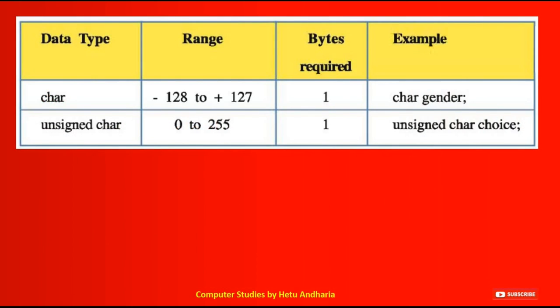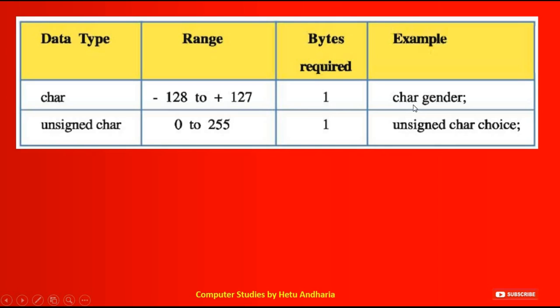Now if you declare a variable with character data type by using the keyword char, then the range will be -128 to +127, and the bytes occupied will be 1. Okay. Fine.